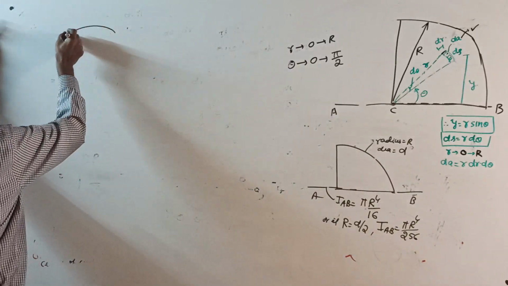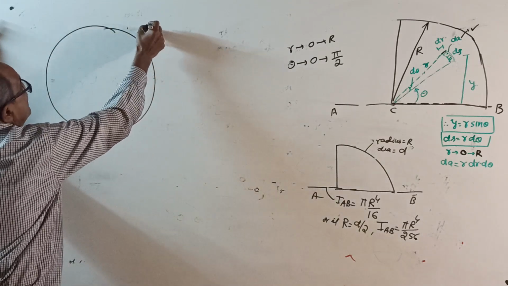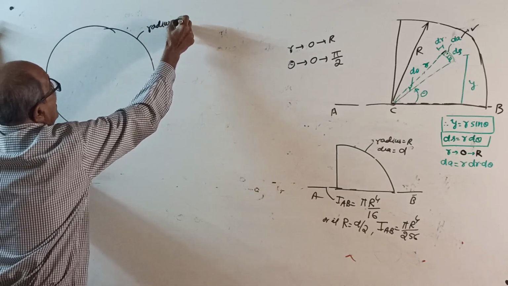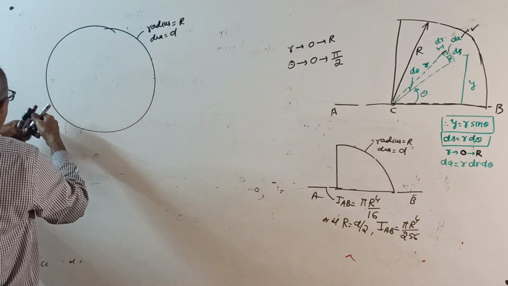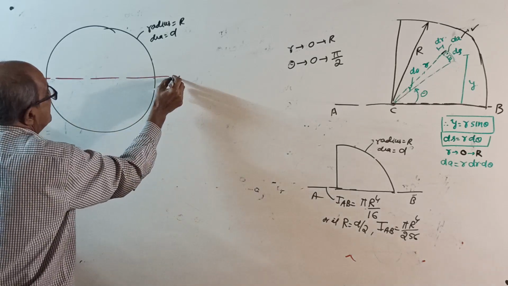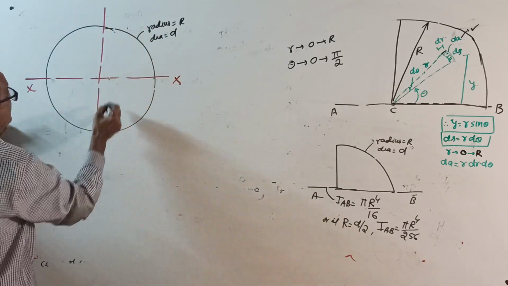If it is a circle of radius equal to r or diameter equal to d, then this is your x-x axis. This is your y-y axis. This is ABCD.